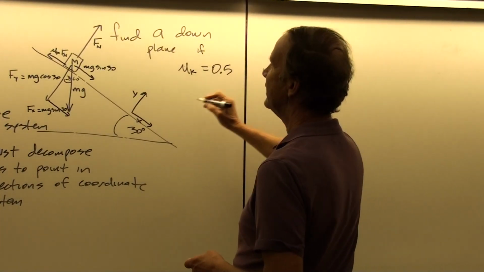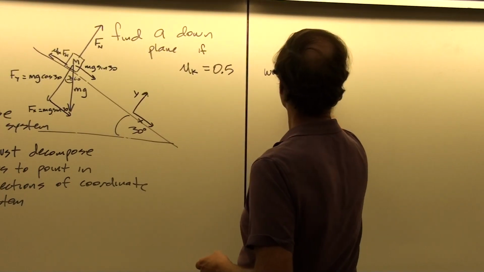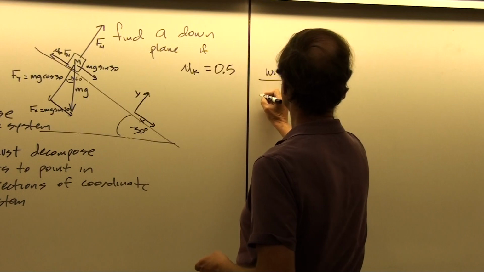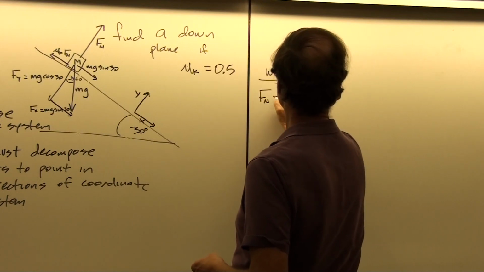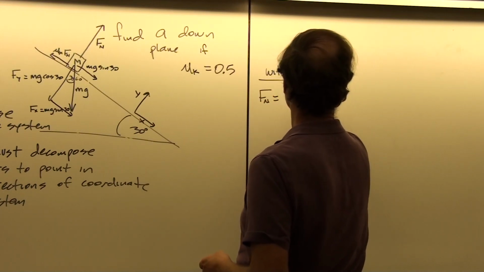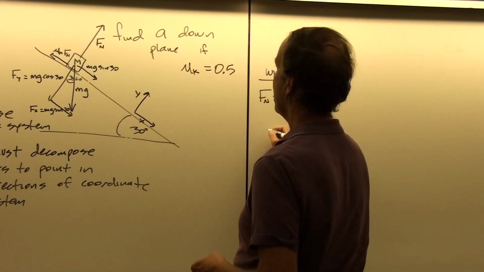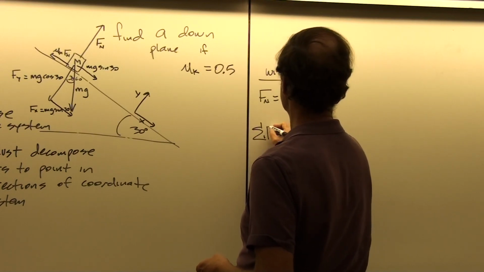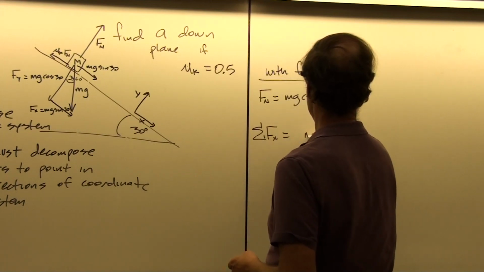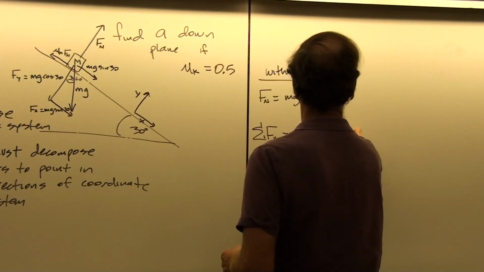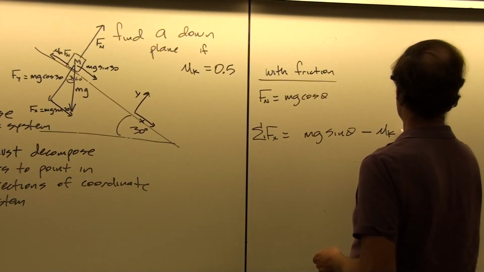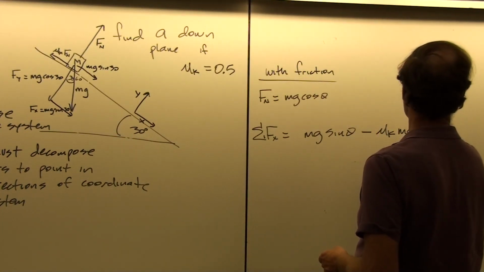The vertical equations are still the same. So we can say that F normal is still equal to mg cosine theta, and our sum of x forces is going to be mg sine theta minus mu k times the normal force, which is mg cosine theta.